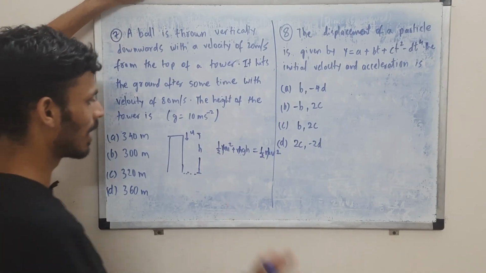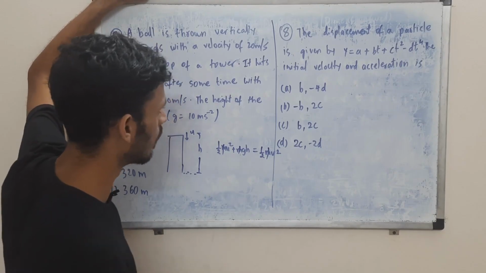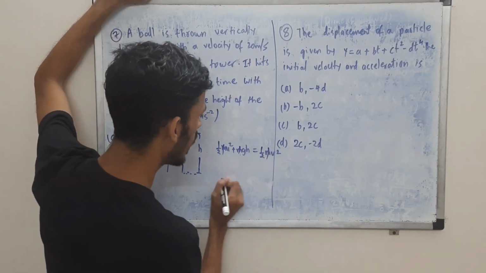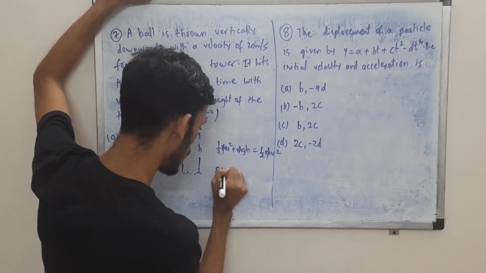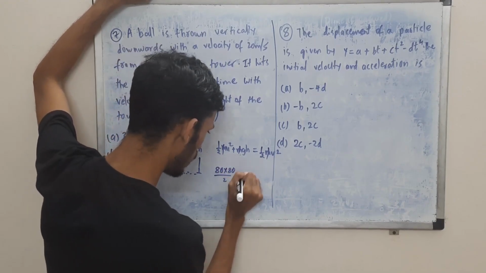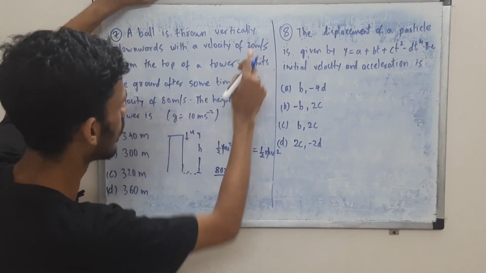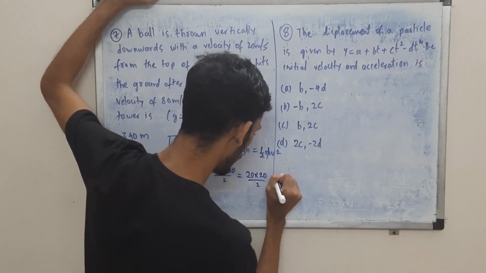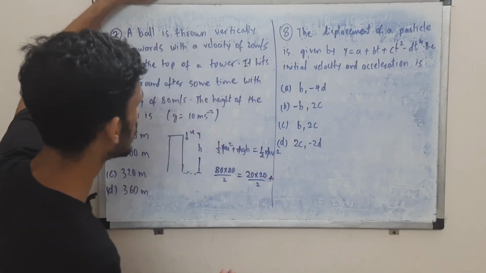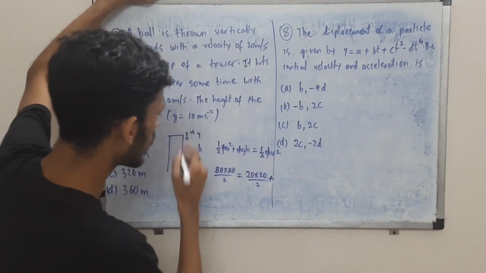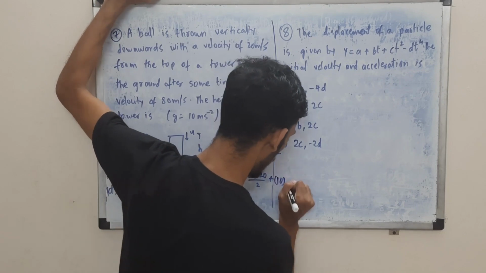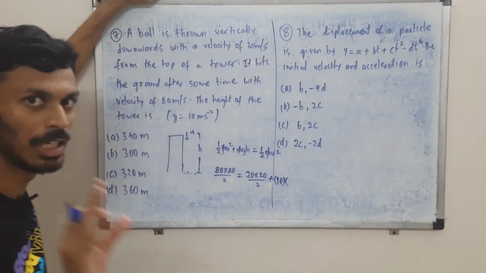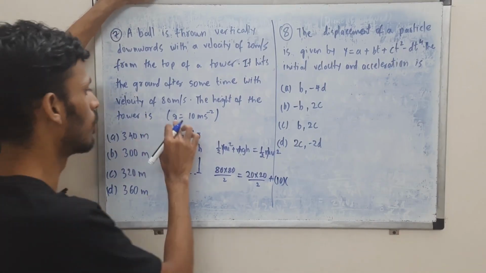This is one more tool you can use while solving questions of motion under gravity. So v square, the final velocity is 80, so 80 into 80 by 2 is equal to u square, initial velocity 20, so 20 into 20 by 2, plus g h. They have asked us to take g as 10. Unless specified, use 9.8, so the options might not match, so be very careful.